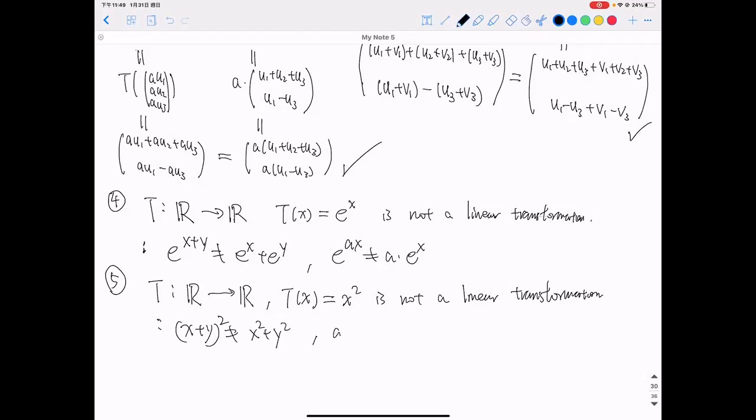And (ax) squared is not a times x squared.